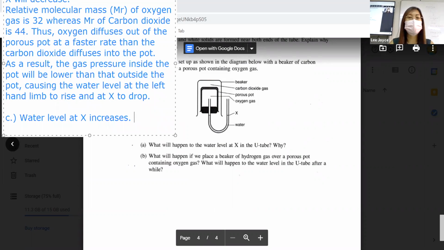Right, so the same thing. Because hydrogen gas is lighter, it will diffuse into the pot at a faster rate than the oxygen diffuses out of the pot, pushing the water level down on the left-hand limb since there's a higher gas pressure inside the pot. Right? Okay, so that's how you should put it first.